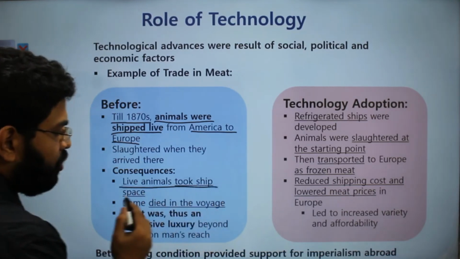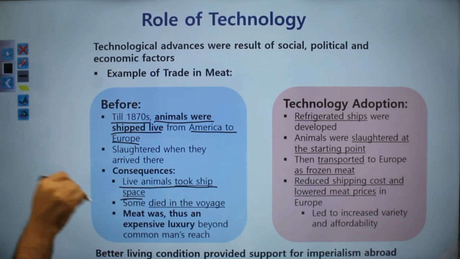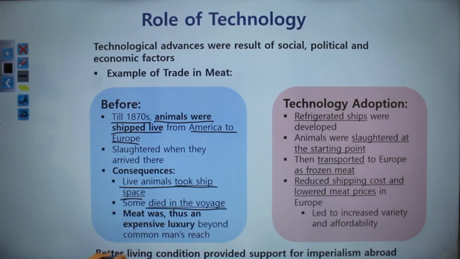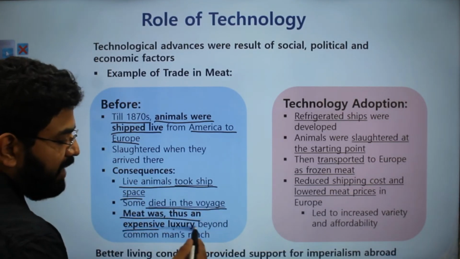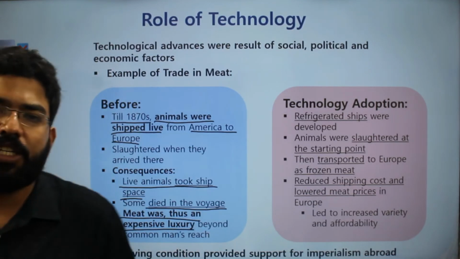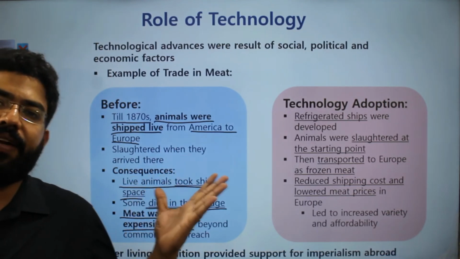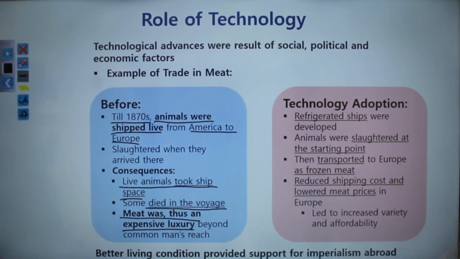Live animals took up ship space. This was a major problem because live animals had to be given some space as well. Hence, some died on the voyage. Thus, meat was an expensive luxury. Because meat was getting costlier, in the 1870s, meat was really costly.